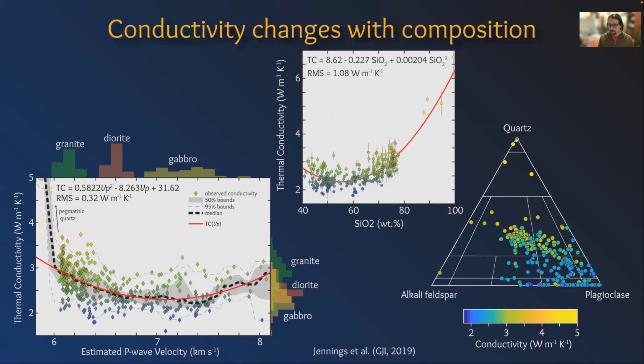If we know something also about the other minerals that might be involved, maybe we know something about the tectonic setting, and that has a bearing on the relative abundance of some of these minerals, we may also be able to better predict the thermal conductivity.